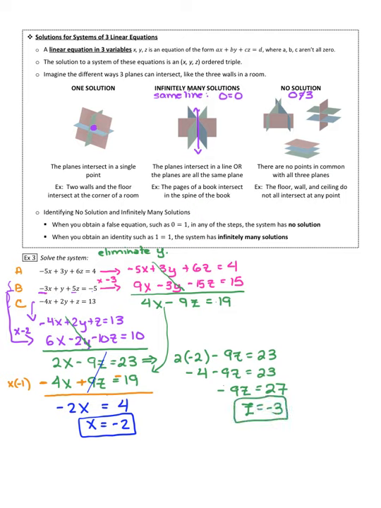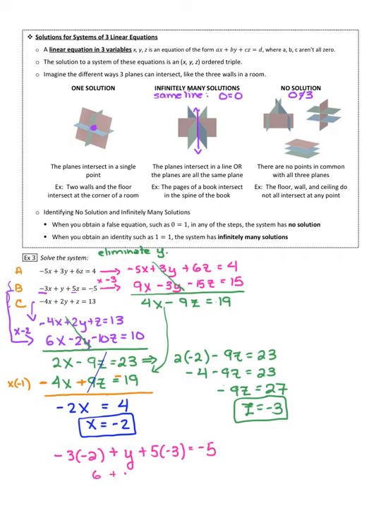And for the last equation, to get my y value, I go back to any of the original equations. I'm going to use equation b, because y is just by itself there, and plug in what I know. So I have negative 3 times a negative 2 plus the y value, plus 5 times negative 3 equals negative 5.